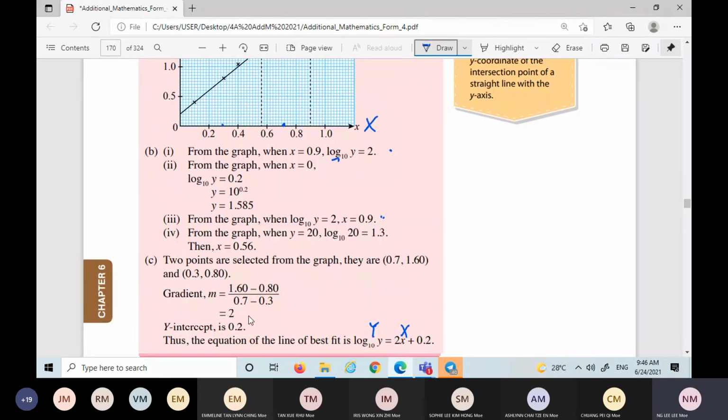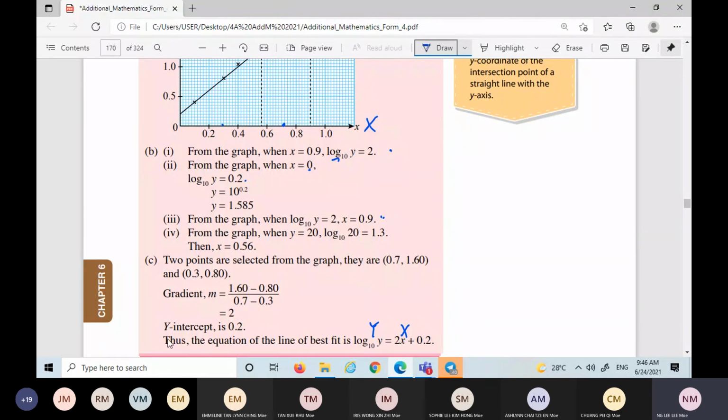And then get the gradient. From here, the y-intercept is 0.2, because x is 0 and this is 0.2, so the y-intercept is 0.2. You see, they don't write the y-intercept with a small y. If you write the small y, actually it's wrong.